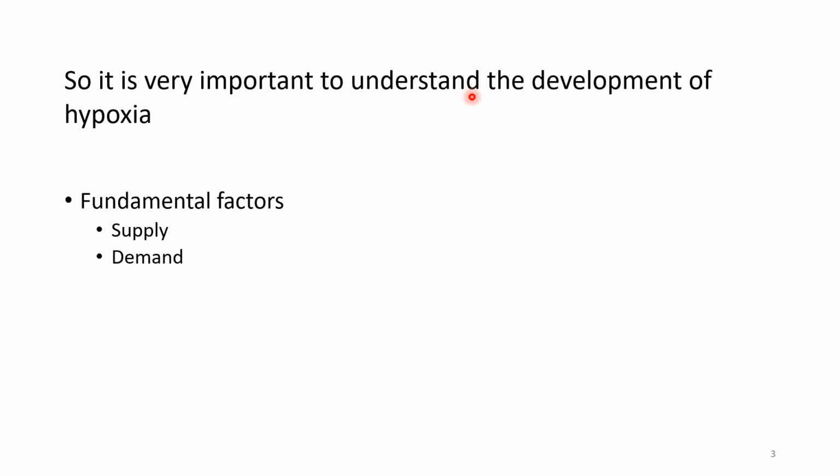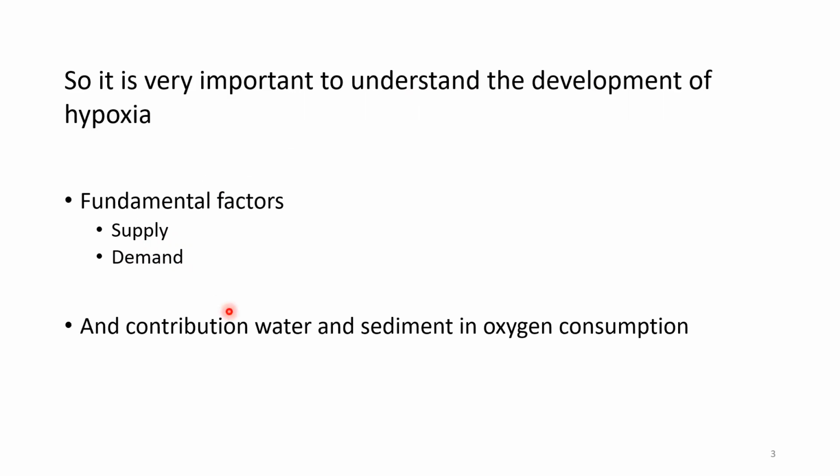To understand that, there are two fundamental factors: supply and demand. How much oxygen is getting supplied to the ocean interior, and what is the demand, and the contribution of different components which consume the oxygen, such as water and sediment.